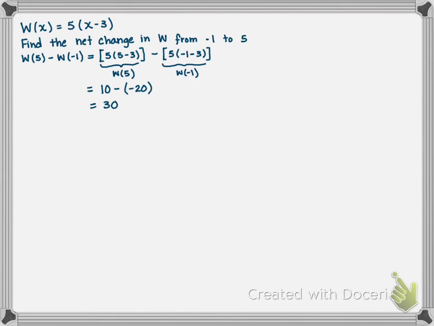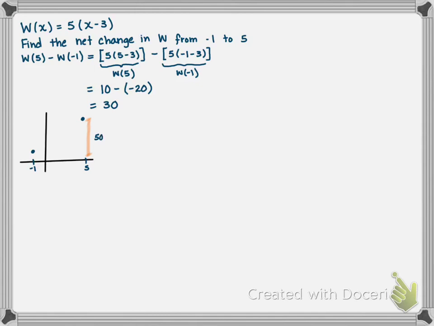One thing the net change doesn't tell us is how we got there, right? I know that -1 is over here and 5 is over here, and that there's some point right here and some point right here, and that this height is 50.